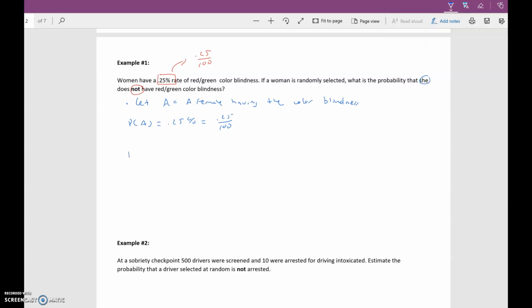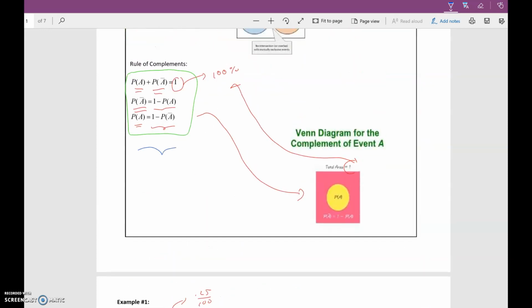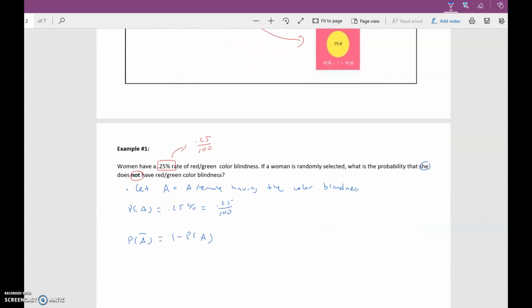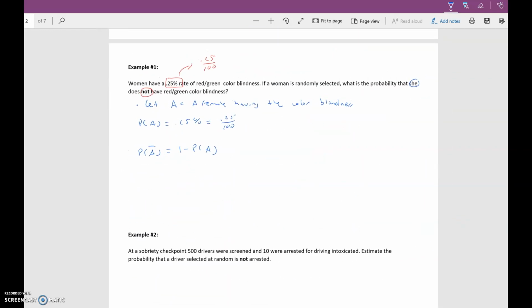So in this case, I'm going directly to the complement, which is 1 minus the probability of A. The formula I'm using is one of these three. The problem gives you the probability that the event occurs, and we want the probability of the event not occurring. So this is 1 minus 0.25 over 100.